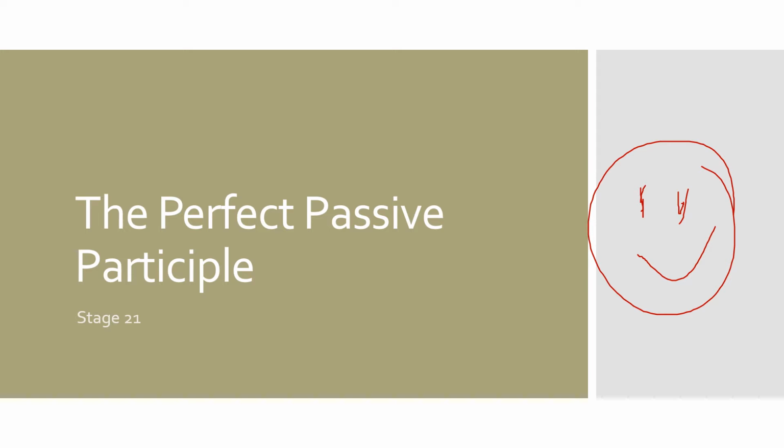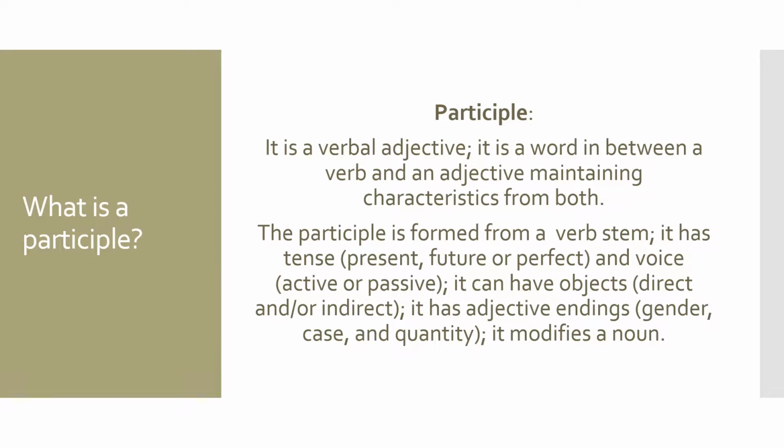Today we're going to talk about the perfect passive participle, following up on the present participle which we learned last stage. The participle is a verbal adjective existing somewhere between a verb and an adjective and exhibiting characteristics of both.